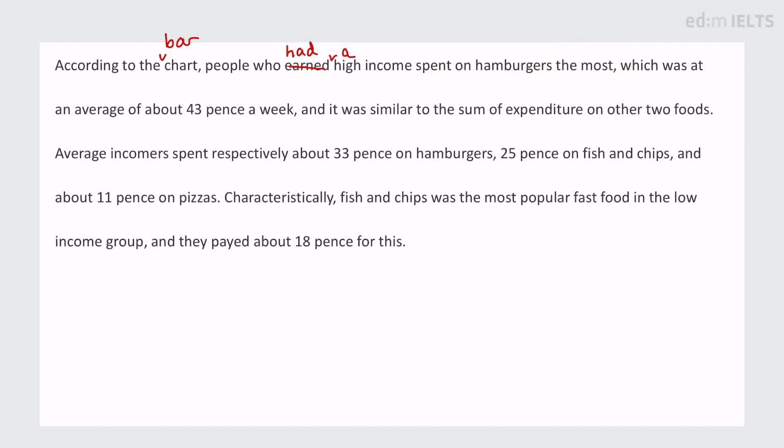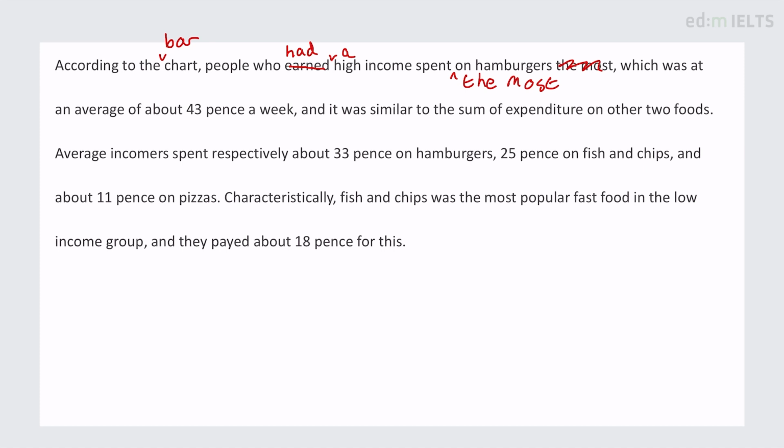So you got to be very careful with the word choice, and here the syntax, which is the order of words. Spent the most, like spent the most money, spent the largest amount of money, spent the most on hamburgers, which was at an average. I'm not sure which refers back to here with the cohesion.